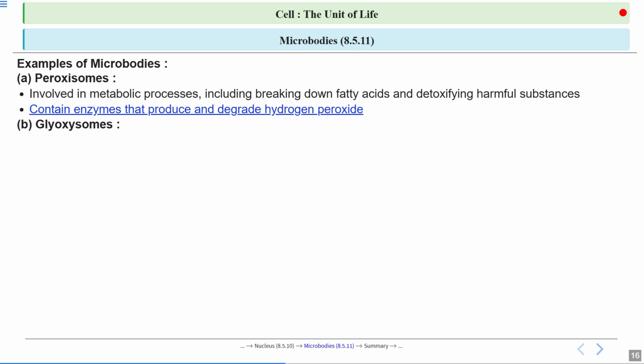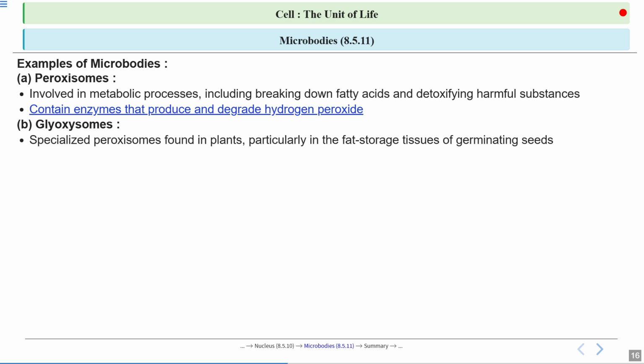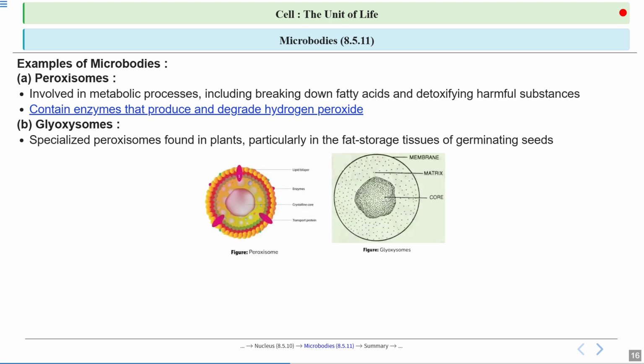Next one is glyoxysomes. It is also a kind of microbody. These are specialized peroxisomes found in plants, particularly in the fat storage tissue of germinating seeds. So where are glyoxysomes present? They are present in the fat storage tissues of germinating seeds.